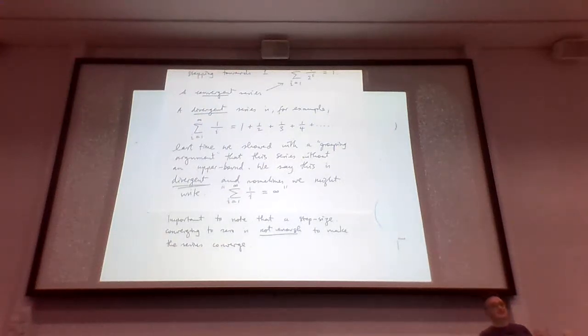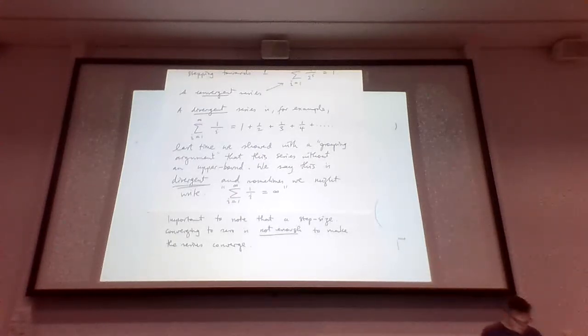So we seek to understand that and to develop tools and techniques that will allow us to detect convergence in certain series and detect divergence in other series. Be able to declare in certain cases whether or not a series converges, whether or not it diverges. And perhaps in some cases come up with formulae that tell you what the sum of the convergent series is.